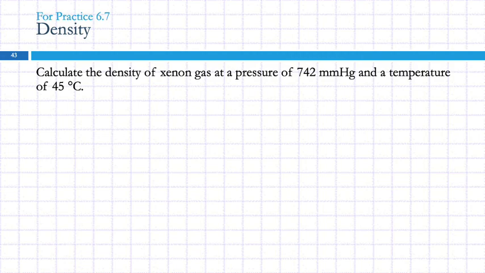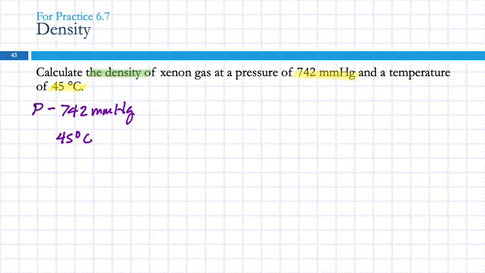So, highlight the numbers, highlight the question. We want the density. Take those numbers and write them down. 742 millimeters of mercury, 45 degrees Celsius.